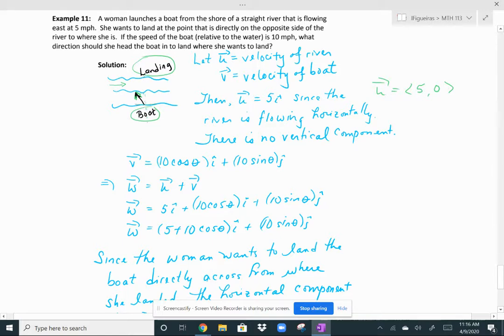If I need to go a little left in order to go across, that means that my angle has to be in quadrant 2, because quadrant 3 means you'd be going in the opposite direction. Same thing with quadrant 4. And if you go into quadrant 1, the river is going to push you way out here somewhere, and you don't want that. So you really have to consider your angle being in quadrant 2.